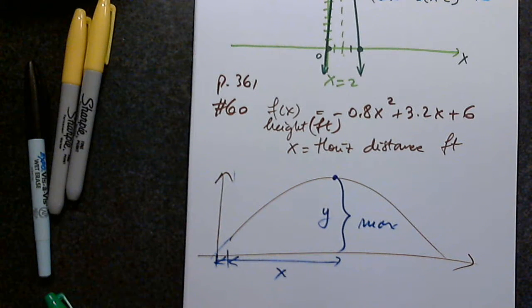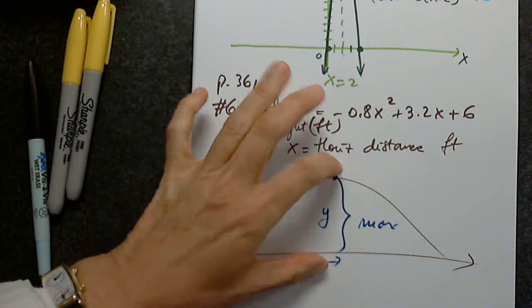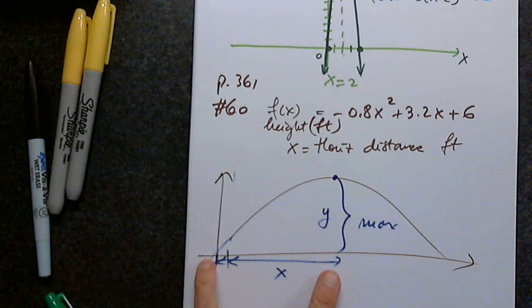Okay. Good. So what do we need to do? We're asked to find the maximum height and how far from the launching side this happened, from the release, from the point where we throw it up in the air. So what am I asked to find? The max height.